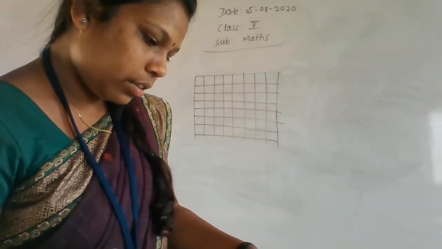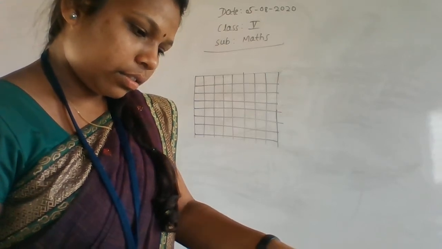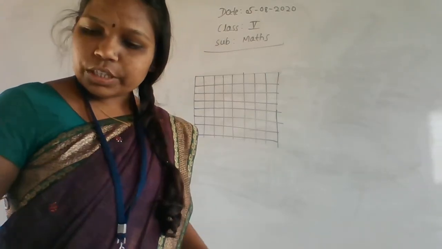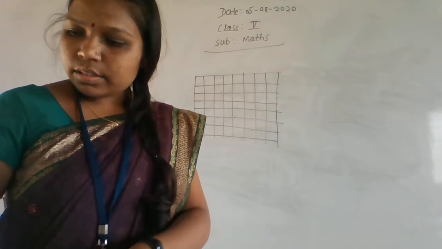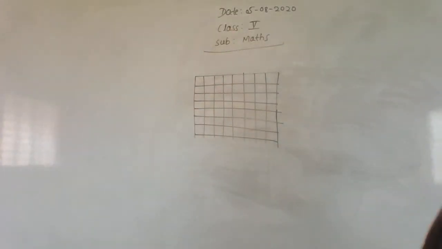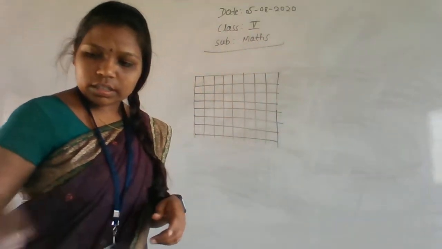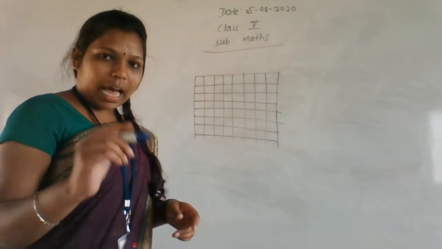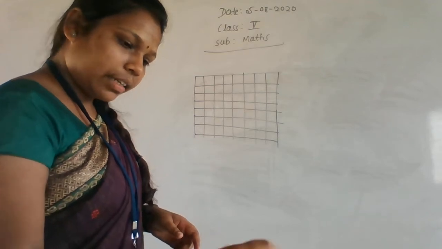So 3, 3, 6, 7 and 3, 3, 6, 8. Which column did they mark here? They did it with a red ink pen. Sorry, here I have blue. So please understand that concept.